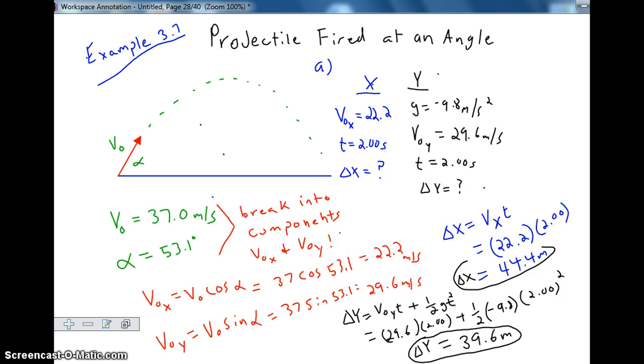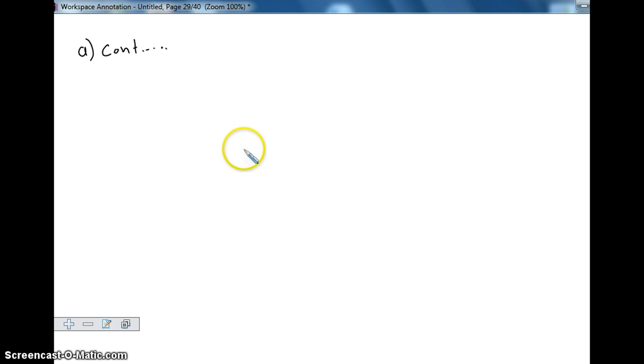Okay, moving on, part A still also asks me to find the magnitude and direction of the velocity at 2 seconds. So using our givens from the other page and some knowns over here, remember I said that the horizontal velocity will remain the same the entire time. So we got 22.2, so at 2 seconds it's still going to be going that fast horizontally.